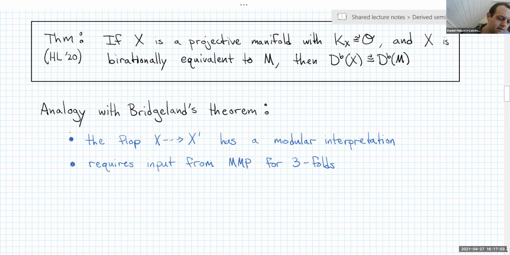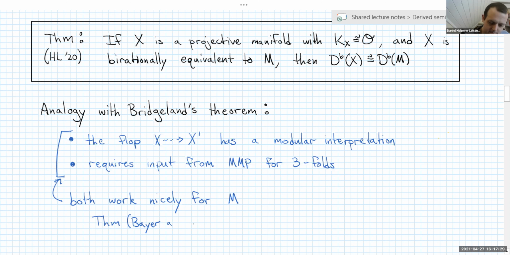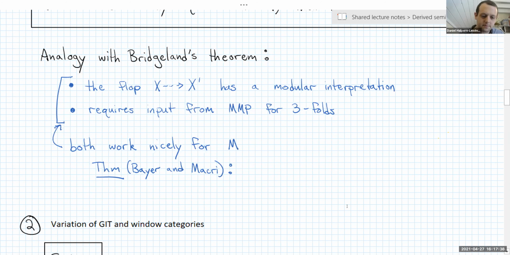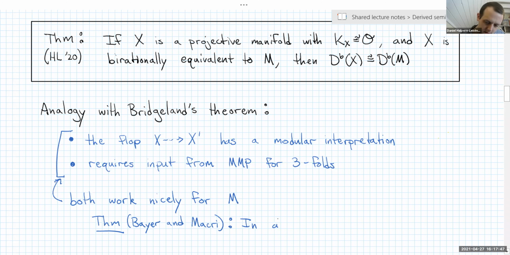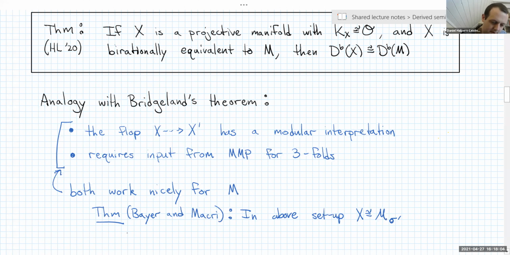Right, but the point is that in our case, both of these work nicely for M, because there's a theorem of Bayer–Macrì, from maybe 2012 or 2013, that in the above setup, X is actually isomorphic to the M sigma prime for some other stability condition.